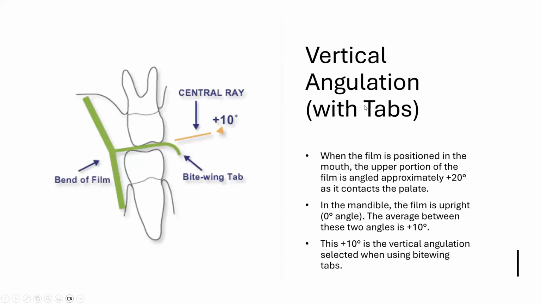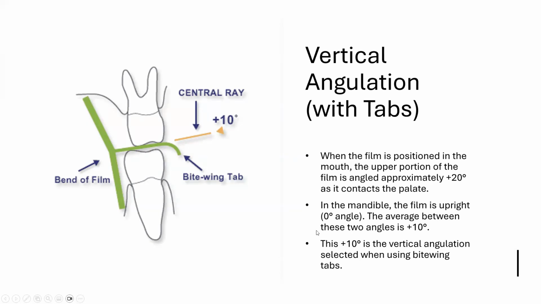Vertical angulation, if you are using tabs, meaning the classical method of taking the X-ray. When the film is positioned in the mouth, the upper portion of the film is angled approximately plus 20 degrees as it contacts the palate. In the middle, the film is upright, that is a 0-degree angle.